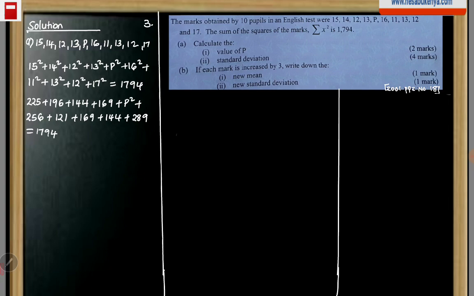So adding the natural numbers, we will have P squared plus 1713 is equal to 1794.